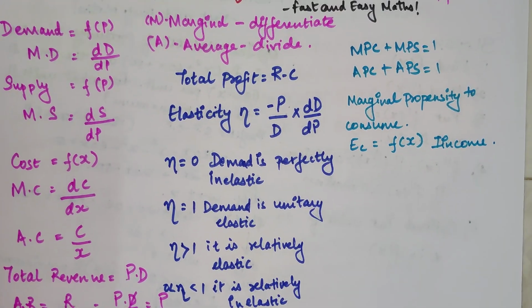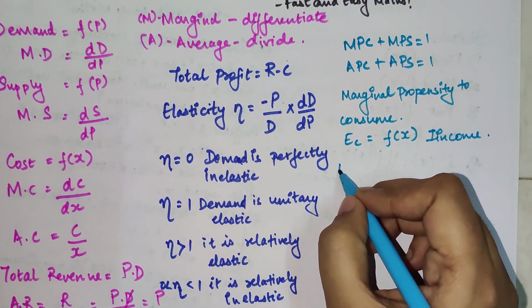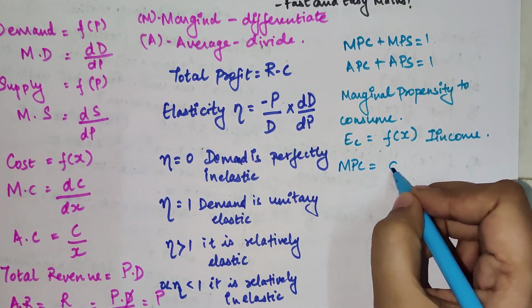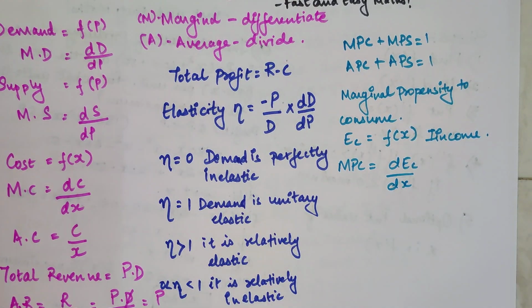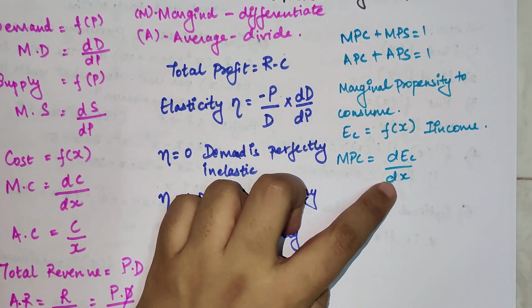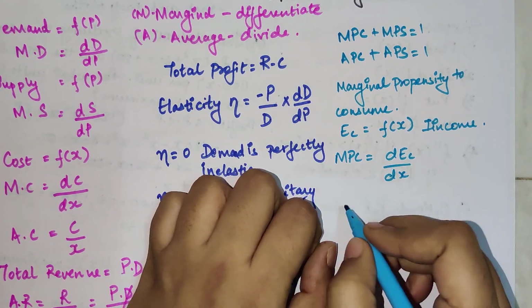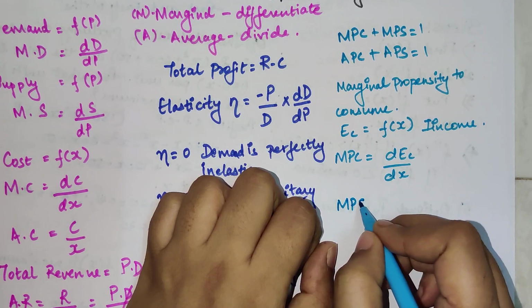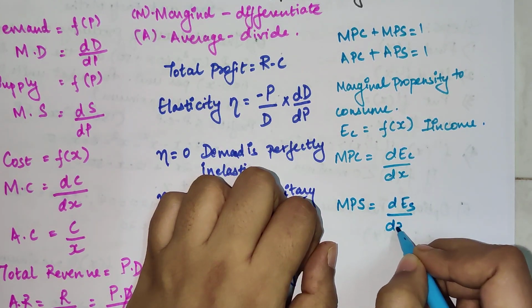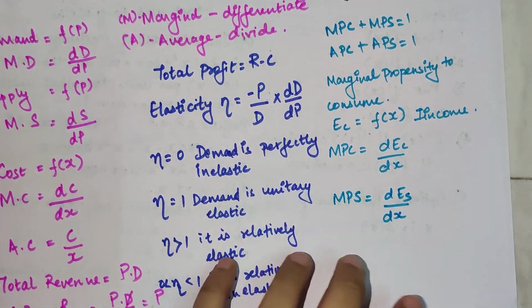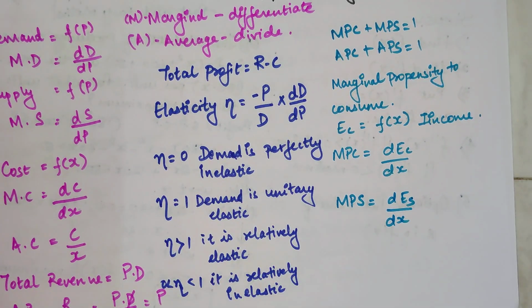So if you want to find MPC, you just need to differentiate this equation with respect to income. And similarly, if you wanted to find MPS, then you would have to differentiate E of S with respect to income. So these equations will be given, you just need to differentiate.